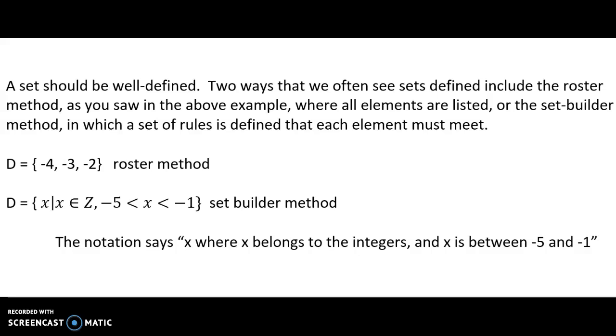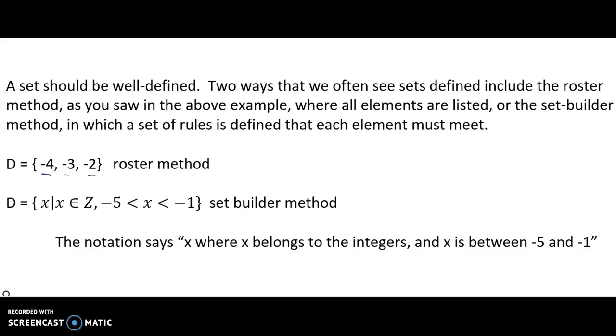Then there's also a method called the set builder method, in which the rules are defined that each element must meet. So here we have a set D using the roster method. There are 3 items: -4, -3, and -2. But we can also write set D using our set builder method.